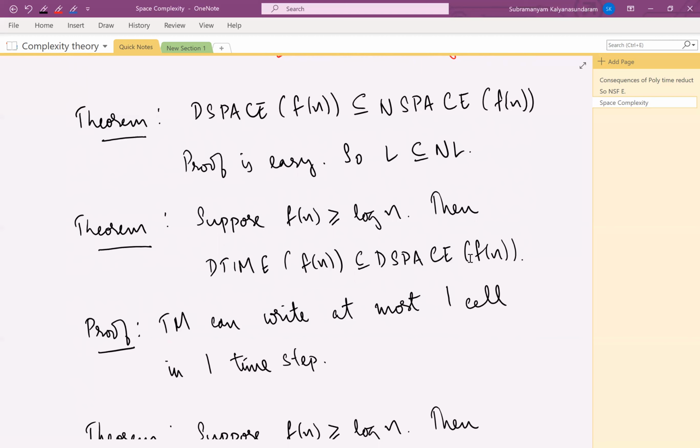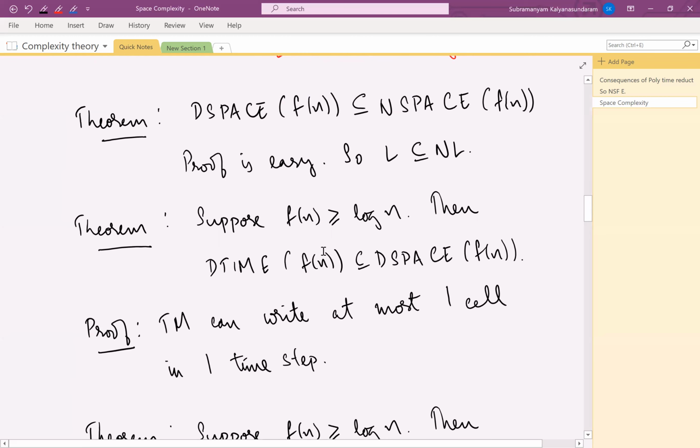You can assume this because even to look at the input of n bits, to say that you are at position i of the input, you need some kind of counter, and that counter requires logarithmic size in n. There is hardly anything you can do if the space is below log n. So it is a reasonable assumption, and we'll be assuming it throughout unless mentioned otherwise.